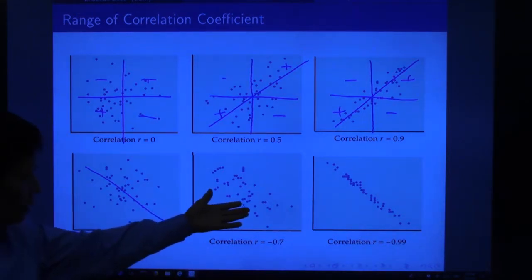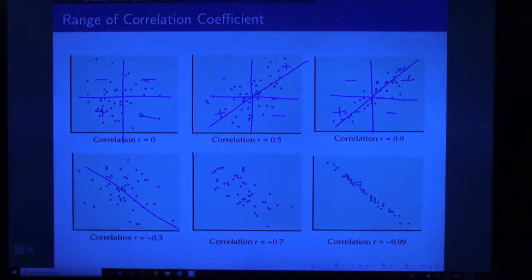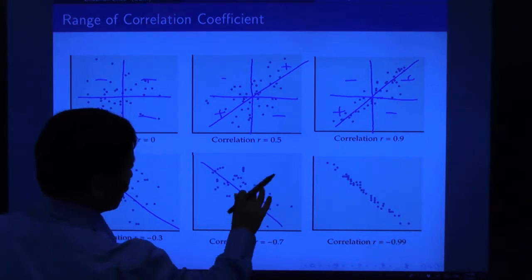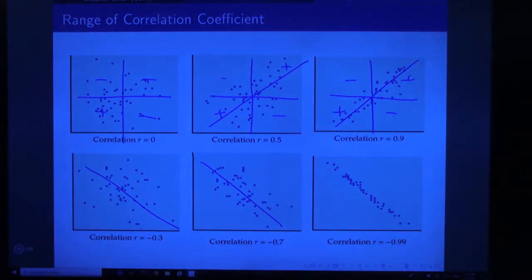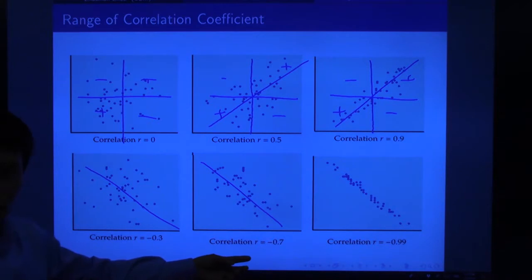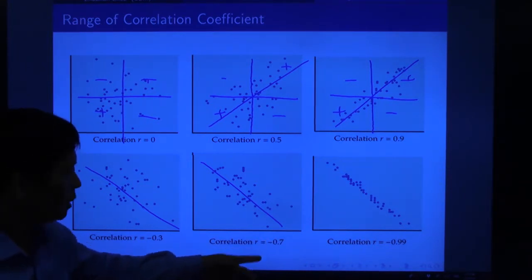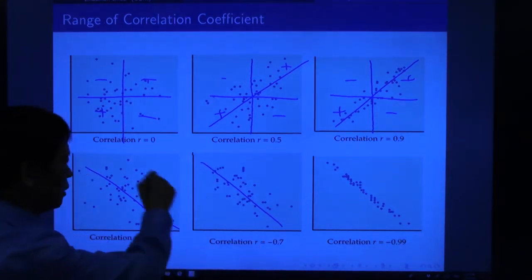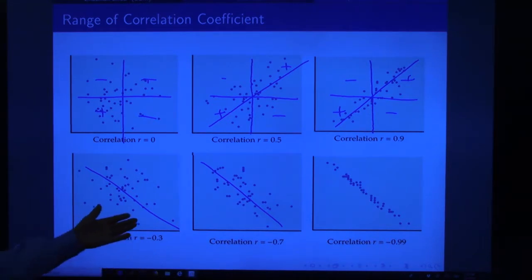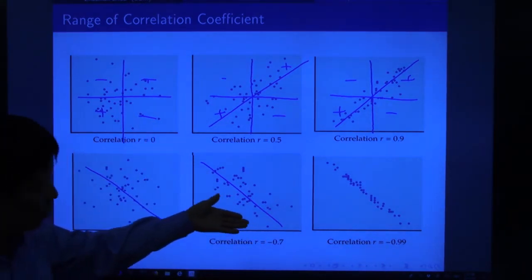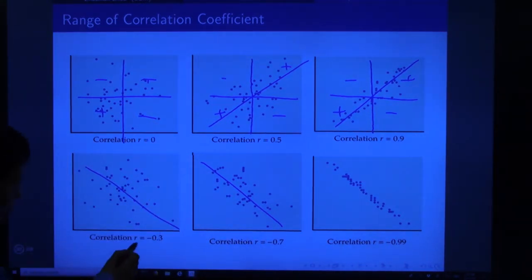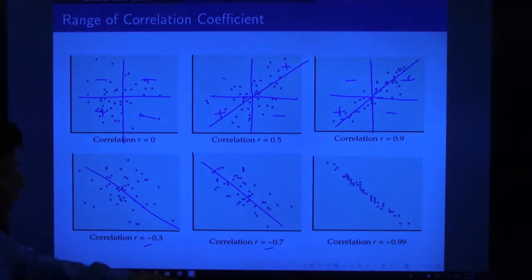This one is stronger than the last, still negatively correlated, and closer to the straight line. And the correlation coefficient is negative. Negative relationship means the slope of the line is negative. So it is negative here, and negative here. And this, 0.7, is much larger than 0.3.